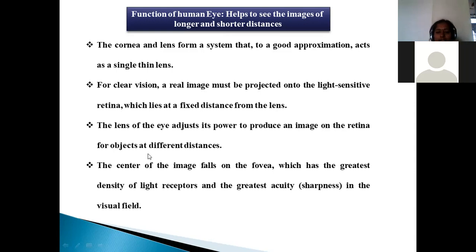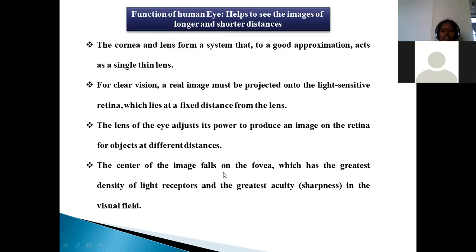If light is concentrated to a higher extent, resolution will be more and clarity will be more. In the same way, our eye has a natural lens. It adjusts itself in order to concentrate the light and project it on the retina. So this is an important organ present in the human eye, right?